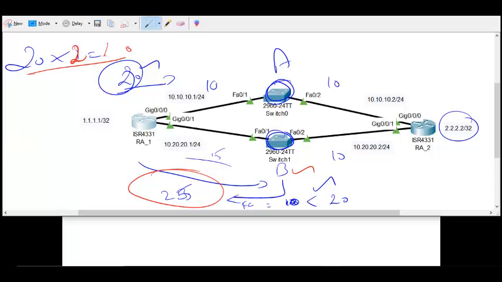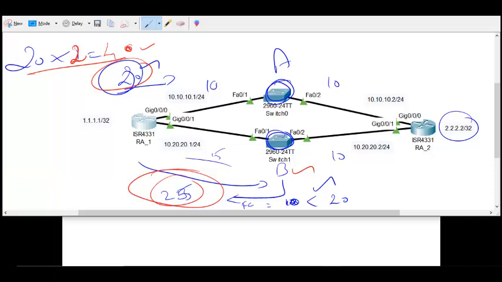Any path whose FD is less than, what is FD? 25 is an FD for this path. 20 is an FD for this path. If FD is less than or equal to 40, consider in the routing table. So by setting variance, you can make even this path to be available in the routing table. You understood?